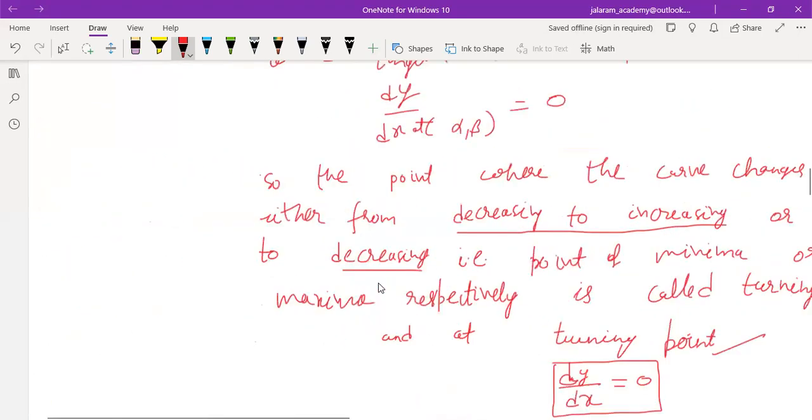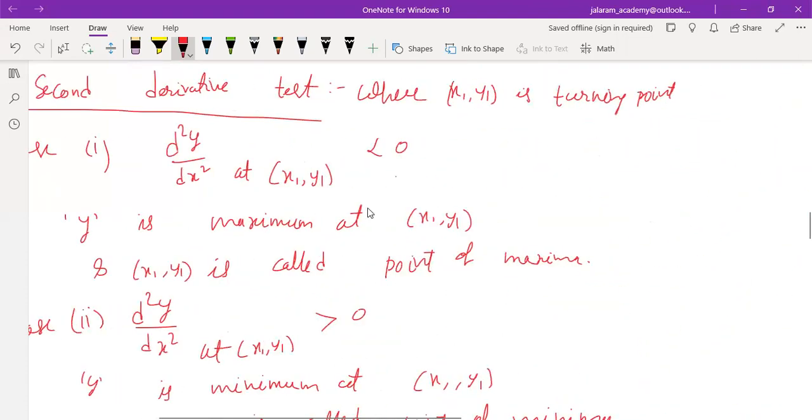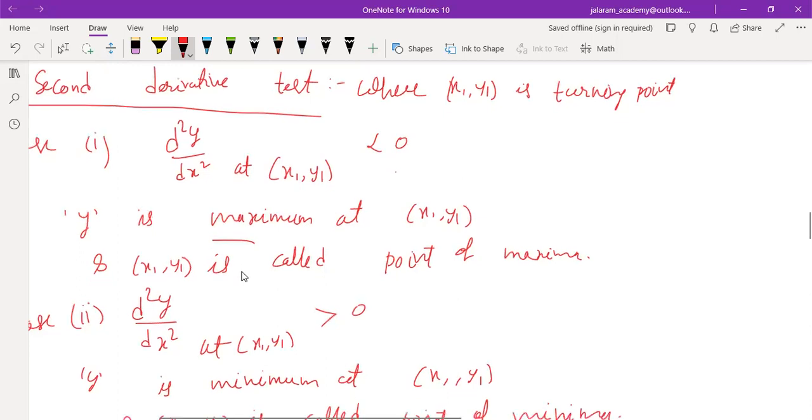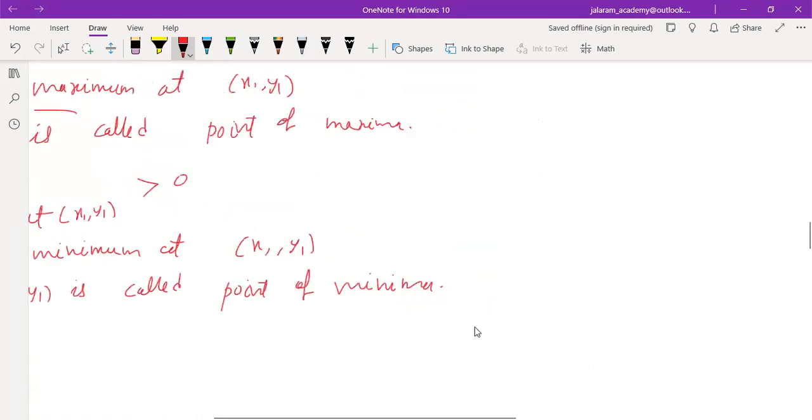This is the third case. The first case in the second derivative test is d2y by dx square less than 0, then y is maximum at this point. The second case is when d2y by dx square is greater than 0, then that point is the point of minima.